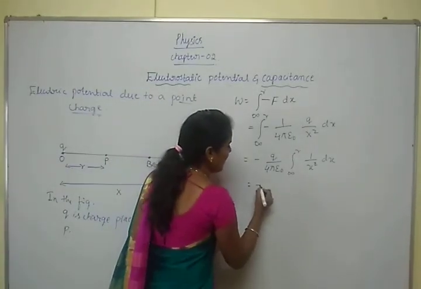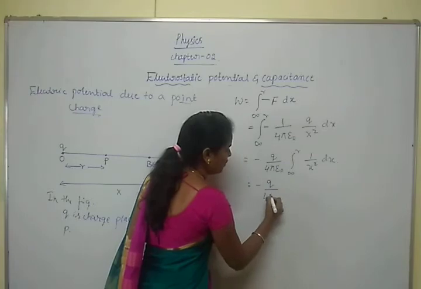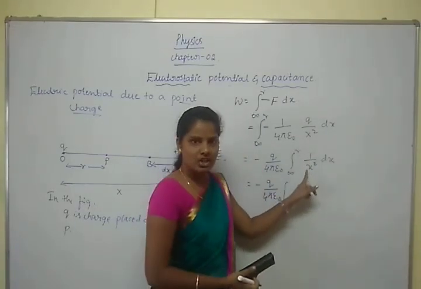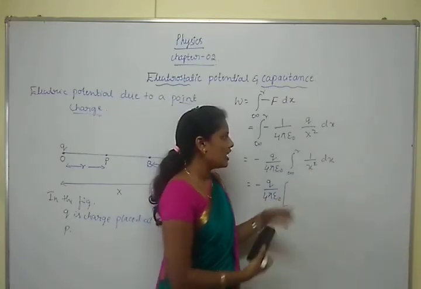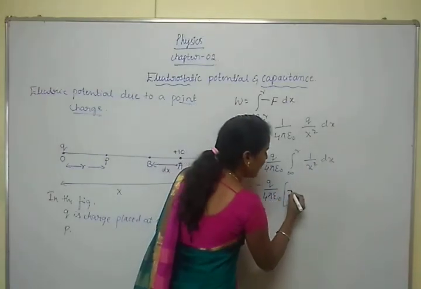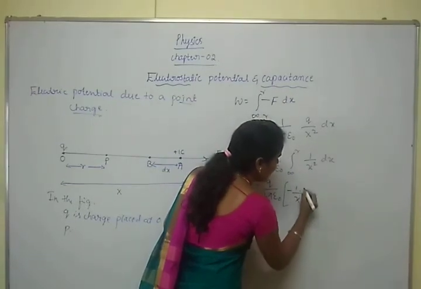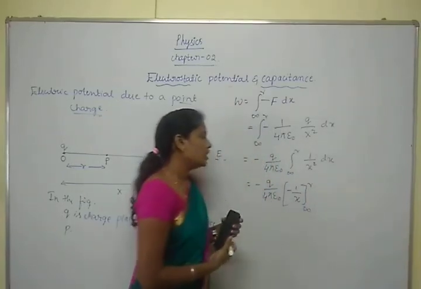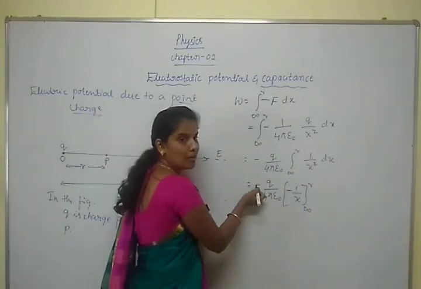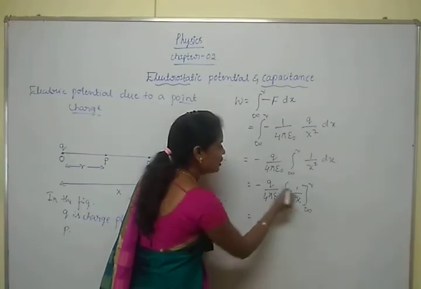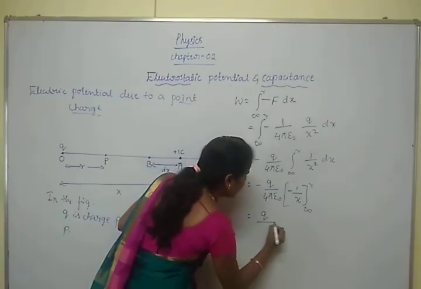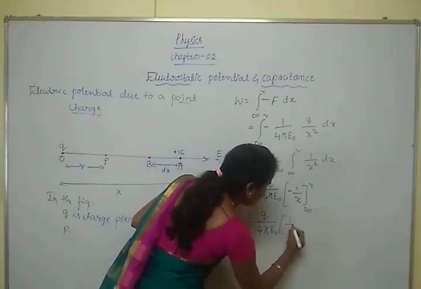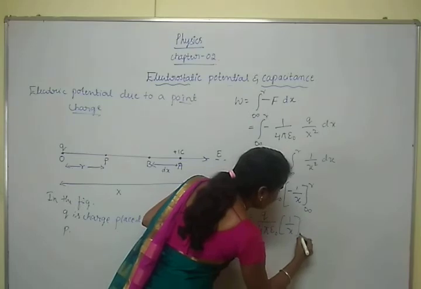The integral of 1 by x square is minus 1 divided by x, with limits from infinity to r. Here minus into minus gives plus, so we get Q divided by 4 pi epsilon naught times 1 divided by x, from infinity to r.